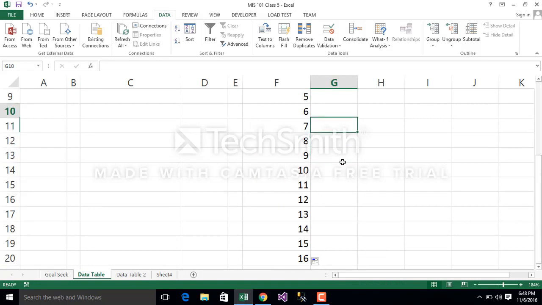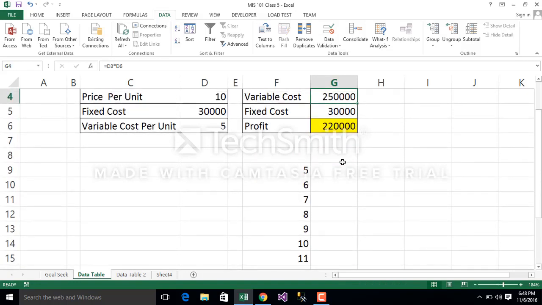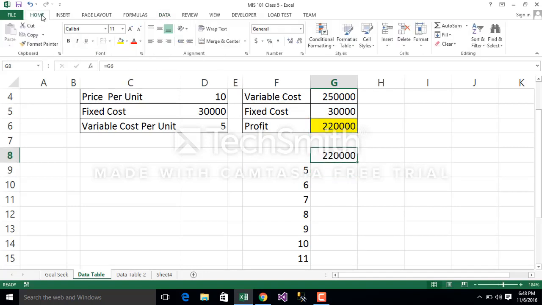Okay, so one thing is very important, that you have to copy the formula here. This is the most important thing.